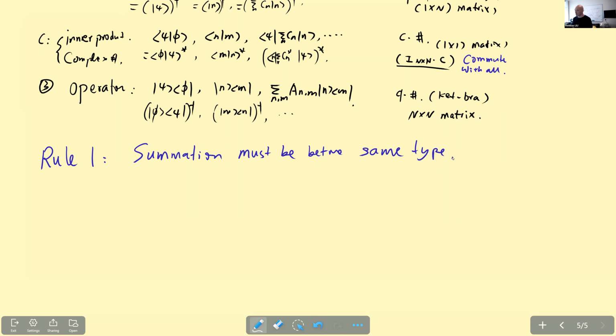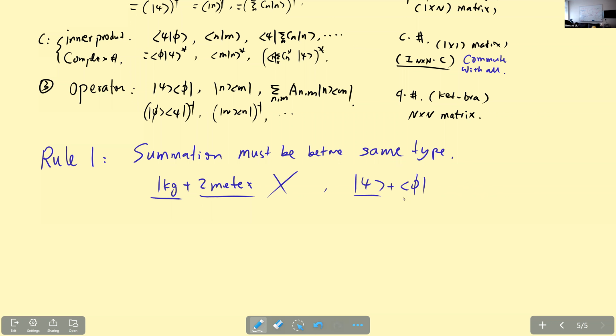For example, in physics we know that you cannot say 1 kg plus 2 meter. This is not allowed, right? Because this one is mass, this one is length. They are different types of quantities, so you cannot do the summation. And similarly, you cannot say something like this one. Oh, sorry, this is allowed. This one is not allowed.